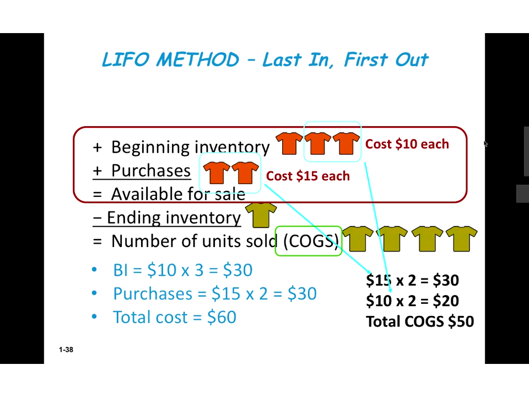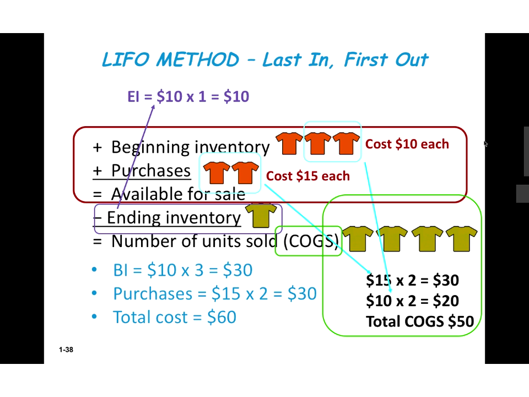Now right now I know what my ending inventory is going to be because I have total cost of $60. I just said cost of goods sold $50, so the difference has to be 10, but we can also say for ending inventory we have 1 t-shirt left. Under LIFO, our inventory is our oldest unit, so we would have 1 at $10 left.